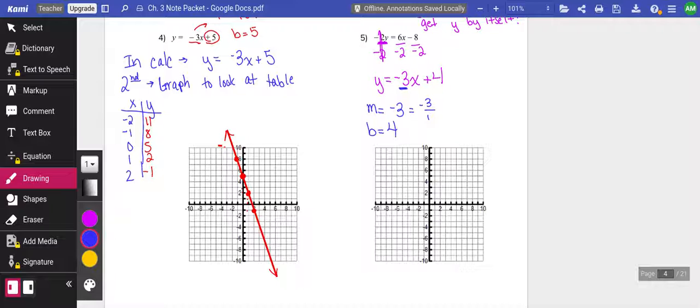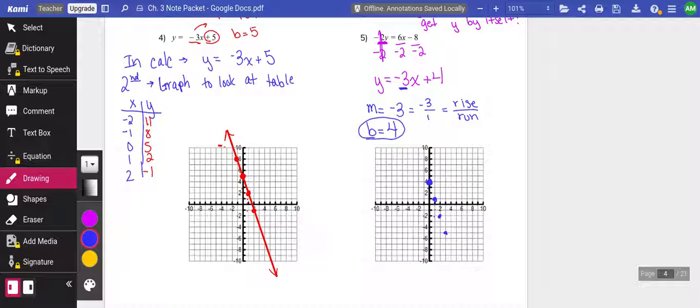So I'm going to begin at +4. And my m is how I move. That's my rise over run. I'm going to go down 3 and over 1. Down 3, over 1. 3 over 1.